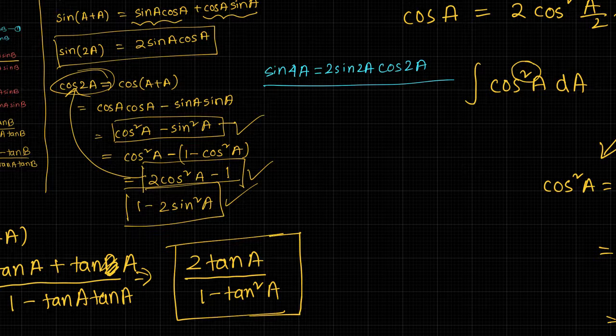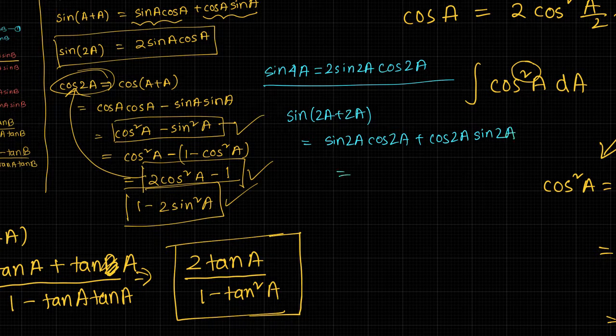For example, you could write sine 4a as sine(2a + 2a). And if you put this in the formula, you can write this as sine 2a cos 2a plus cos 2a sine 2a. And this can be simplified as 2 sine 2a cos 2a.